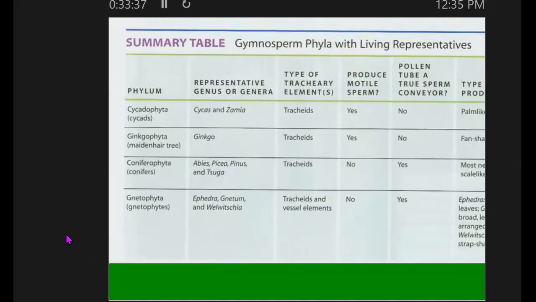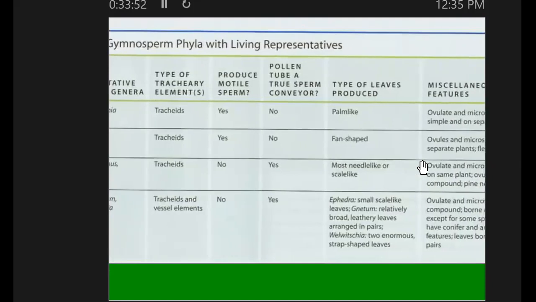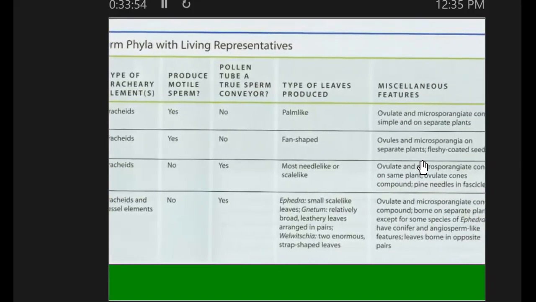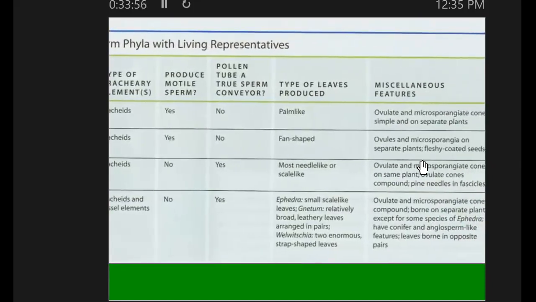Okay. You don't need to know everything. So, you know, the first column, the second column, the third column is important. The fourth column too, not so much. Fourth and fifth column, no. Type of leaves produced, yes, those are just kind of getting into the general characteristics of the 4 phyla.